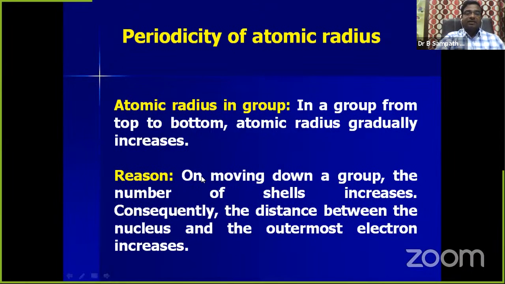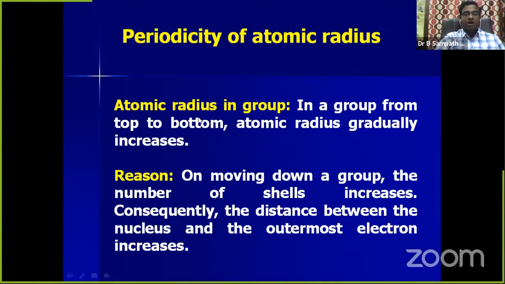See the reason here. On moving down in a group, the number of shells increases. Consequently, the distance between the nucleus and the outermost electron increases. Already we have seen, children, in the last session, in the periodic table, first period elements have only one shell, second period elements have 2 shells, third period elements have 3 shells.